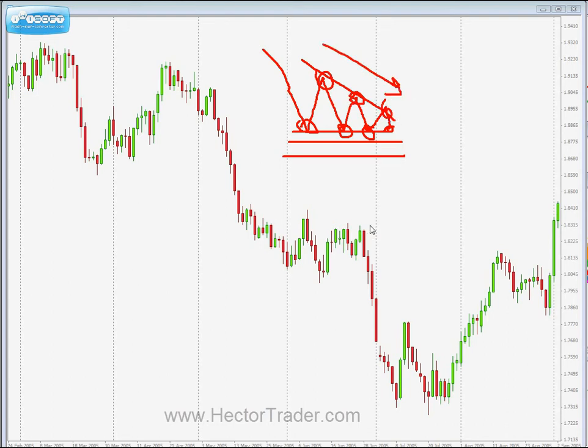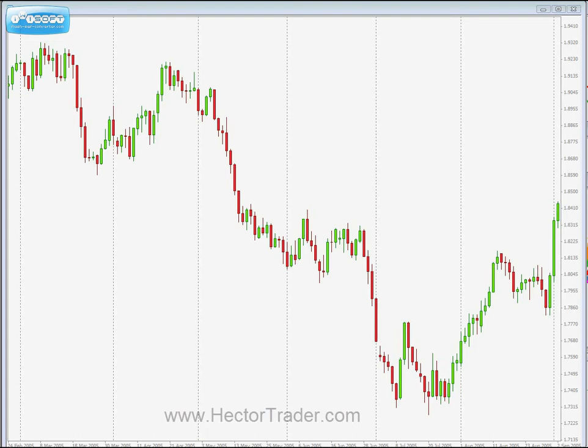And the third type of triangle is basically all the rest, where both boundaries of the triangle are leaning onto each other, one pointing up and the other one pointing down.